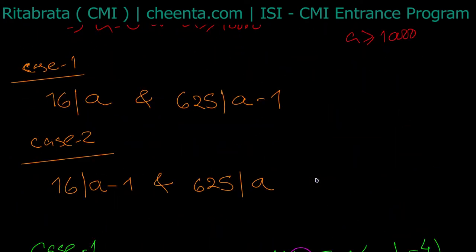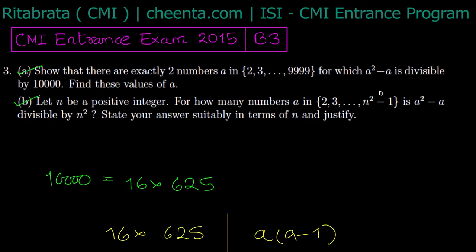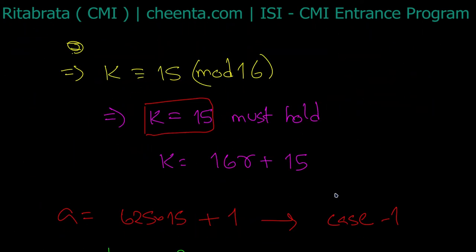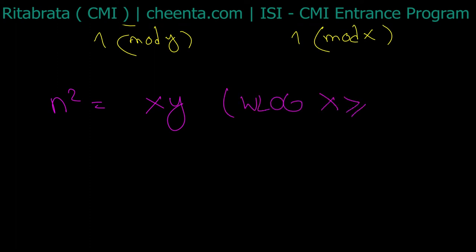From case 1 and case 2, what do we get? If I write n square as a product of two co-prime factors, let's see, ordered. Assume without loss of generality that x is greater than y. They cannot be equal because they are co-primes.